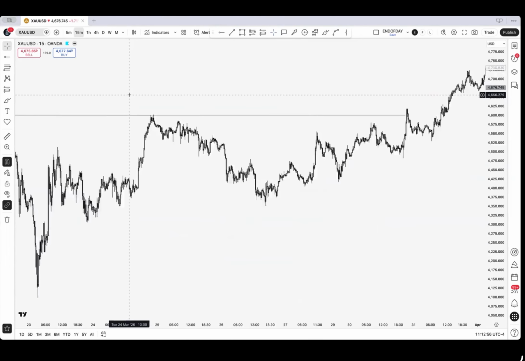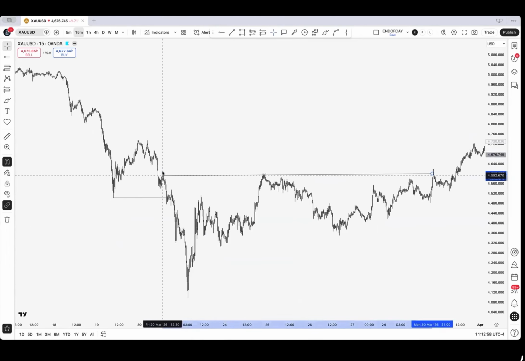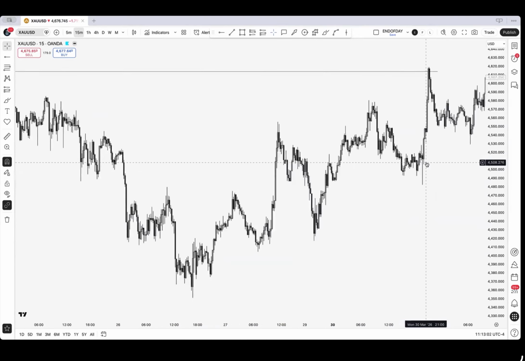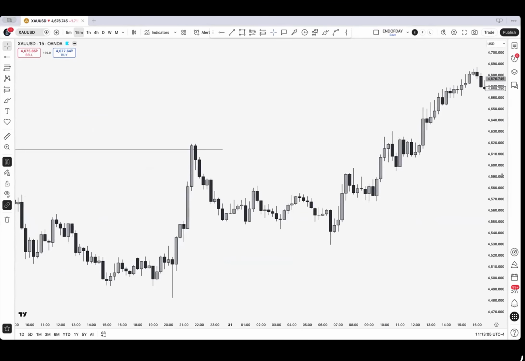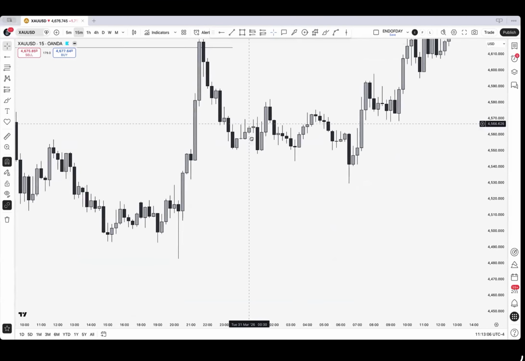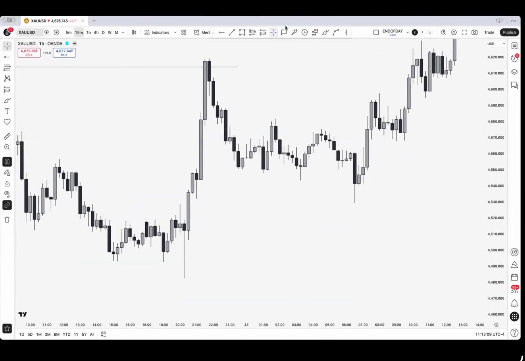So let's actually refine this here to this high. We trade into this area and look what we do. We create a buildup, like we always say. We react off of that area, and look what we do. We induce buyers.